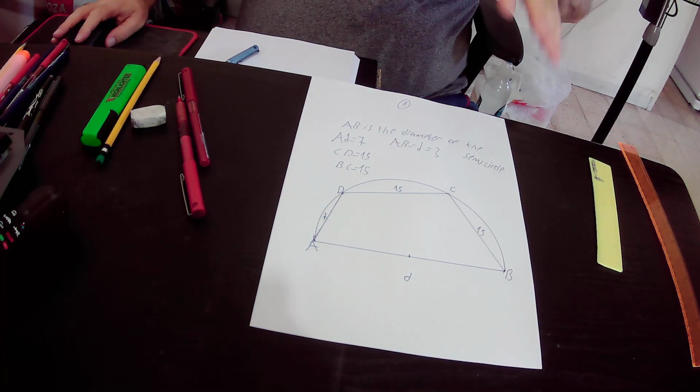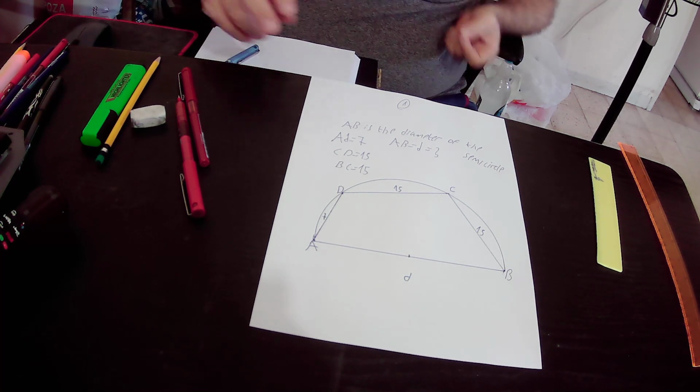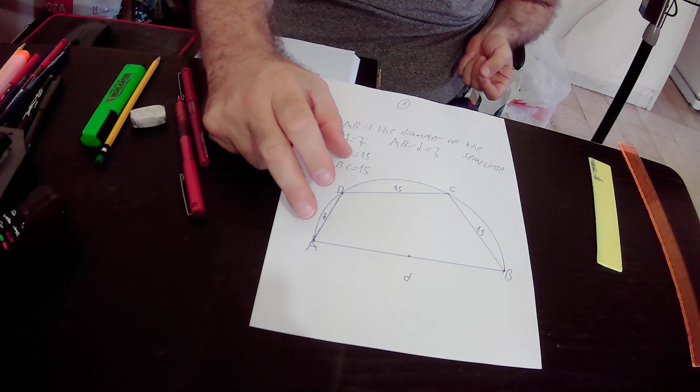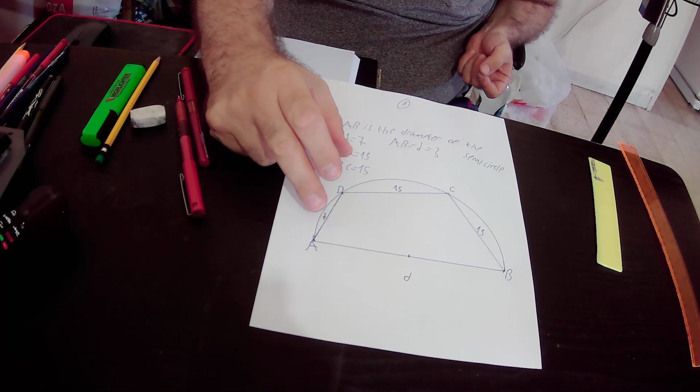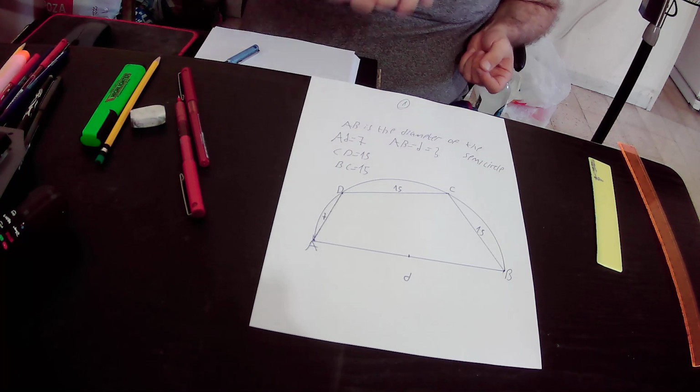Hello, in this lecture we will find out the diameter of the semicircle. In the drawing we have a semicircle. We know that the line segment AD equals 7 units. Line segment DC equals 15 units.